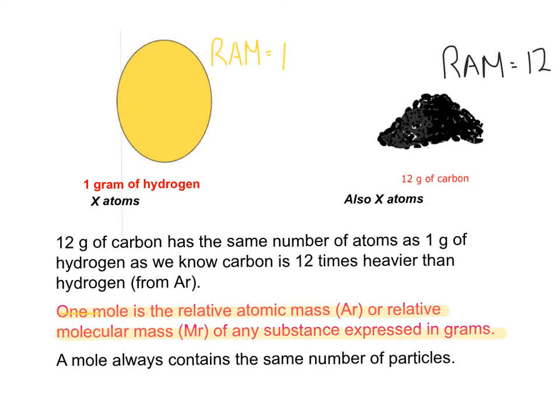So if I want to weigh out a mole of any element, I would go to the periodic table, I would find that element's top number, I would weigh out that top number in grams, and I would have a mole of the substance. So like we've been chatting about hydrogen and carbon, this 1 gram of hydrogen contains the same number of particles as 12 grams of carbon. I've got 1 mole of hydrogen and 1 mole of carbon.